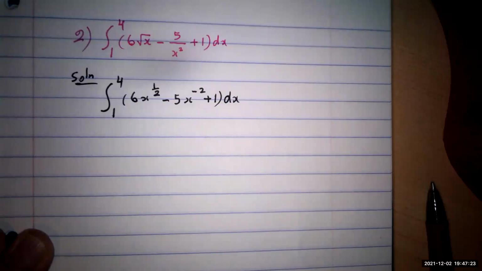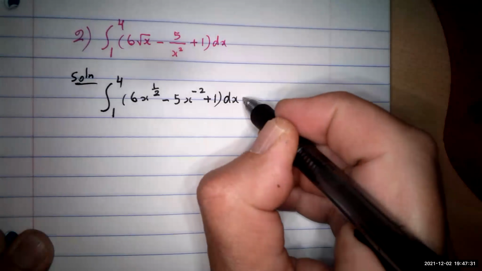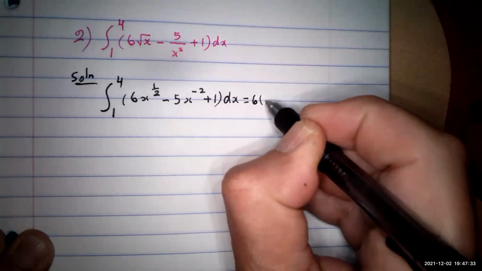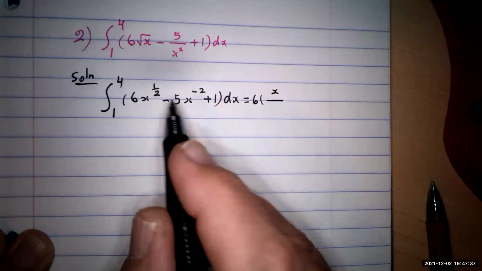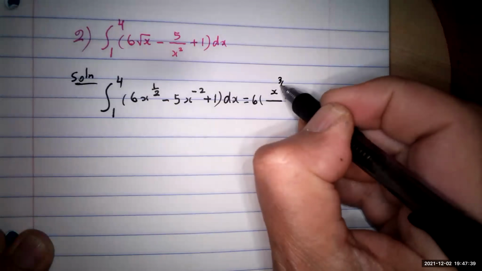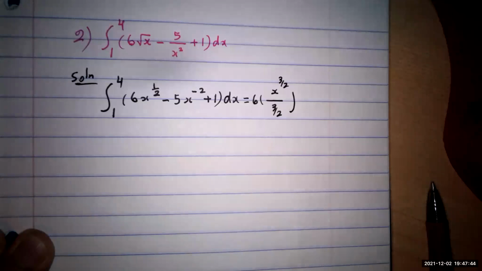You have to rewrite it to be able to do it. Now continue, integrate. 6 is a number, so it's going to be 6. Move up, x to the 1/2 plus 1. 1/2 plus 1 would be 3/2, over the 3/2. That's the first one.